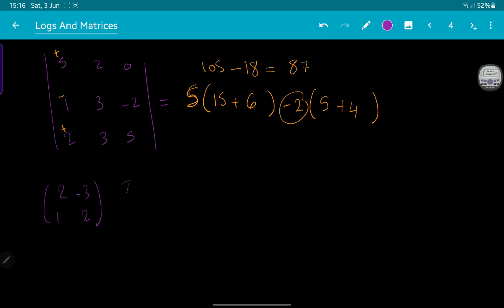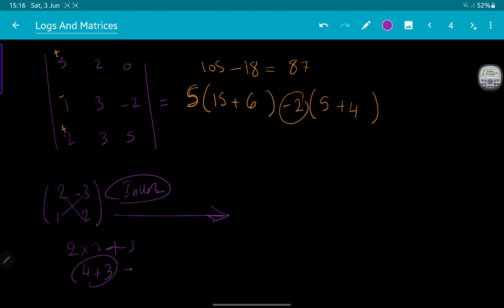What's the inverse of this matrix? We get the inverse by two methods. The first one is to evaluate the determinant. 2 times 2 minus 1 times negative 3, which is negative 3, it will be positive 3. So it's 4 plus 3. So the answer is 7.